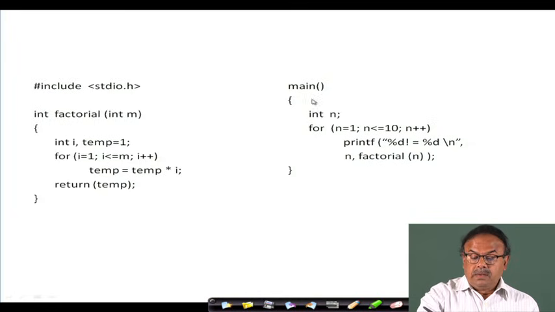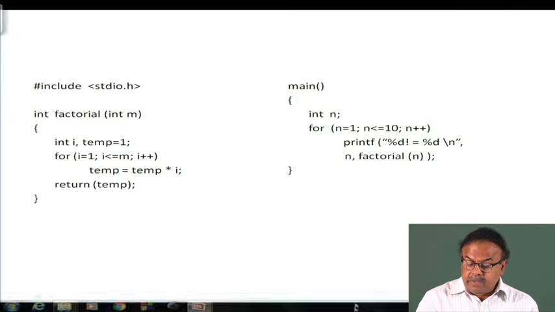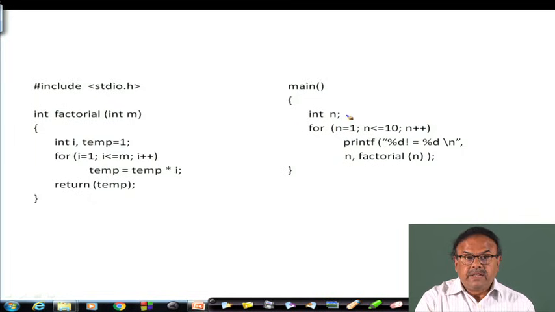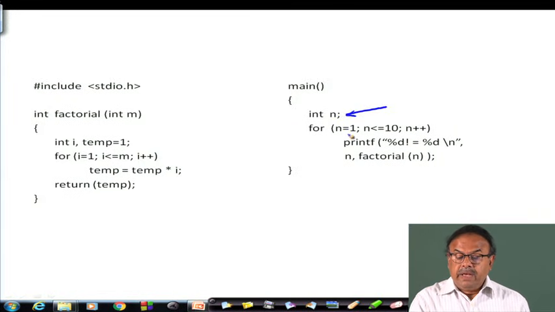So, the execution will enter from main, it takes the variable n, which is an integer, then for n from 1 to less than 10, n plus plus, printf %d, and n, and then factorial.